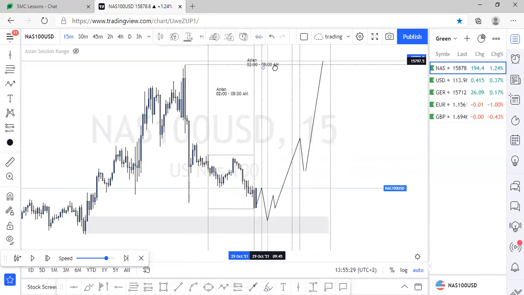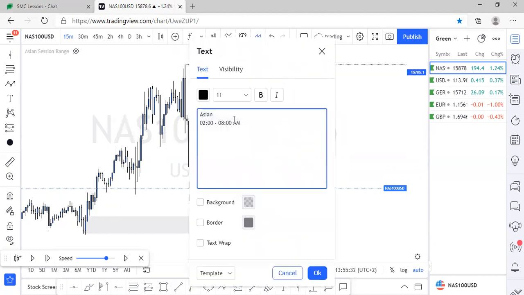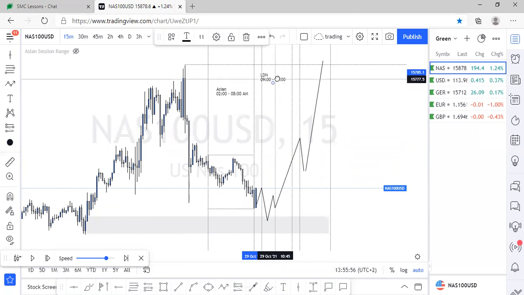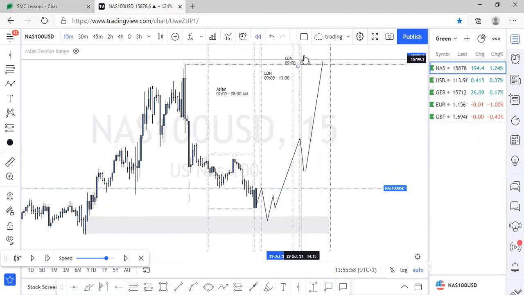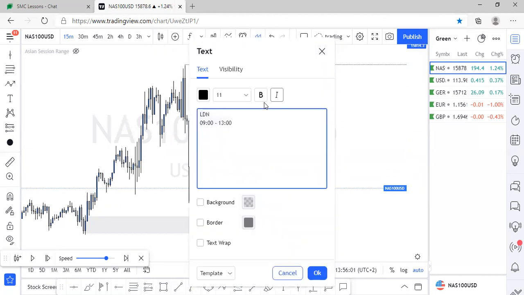Now again we have the London session. I'll just write LDN for London session. It starts from 9 o'clock up until 13 o'clock, so it's 9 AM to 13 PM. Then we have the New York session.